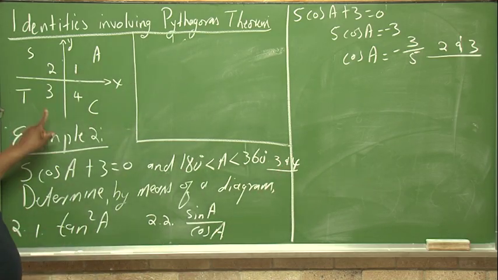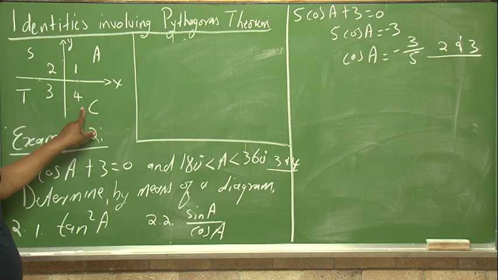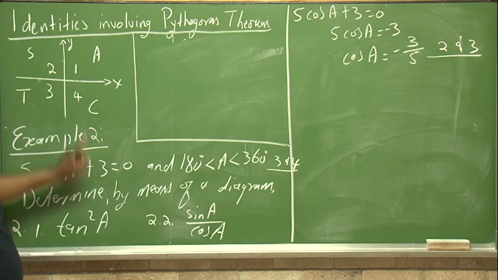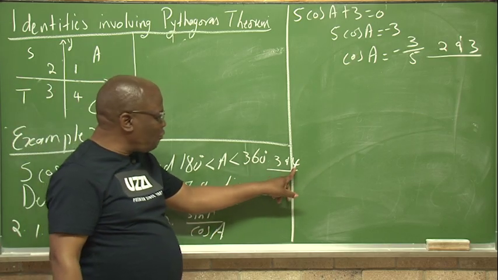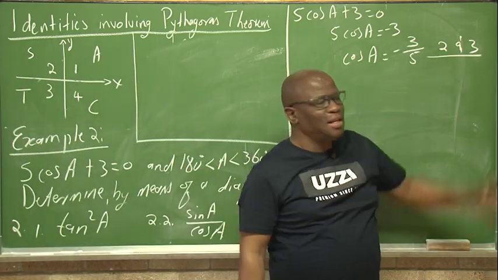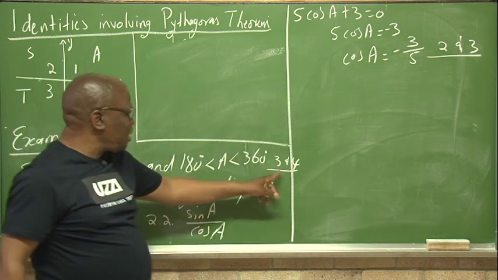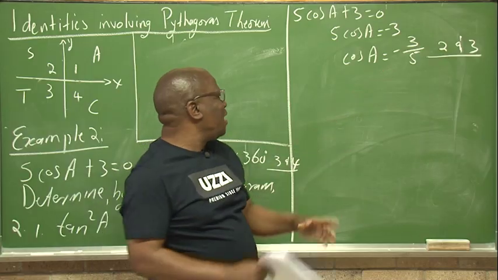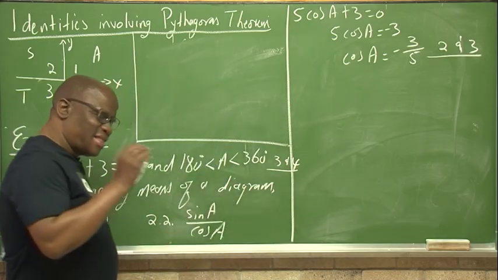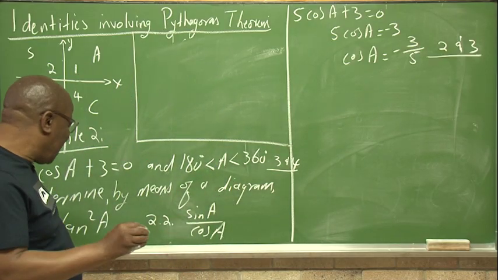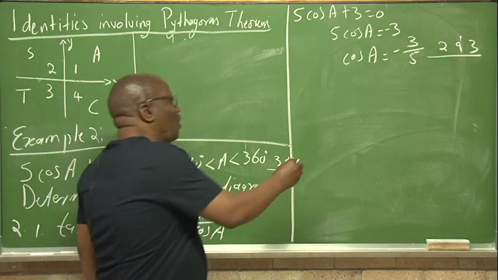So you've got 3 and 4, and you've got 2 and 3. You look for a common quadrant, and the common quadrant is the third. So we draw a right-angled triangle in the third quadrant.